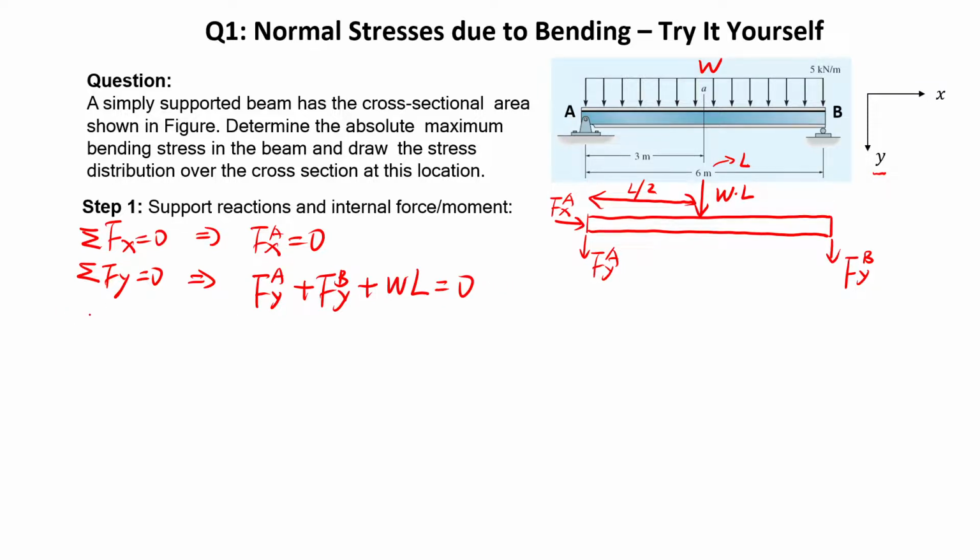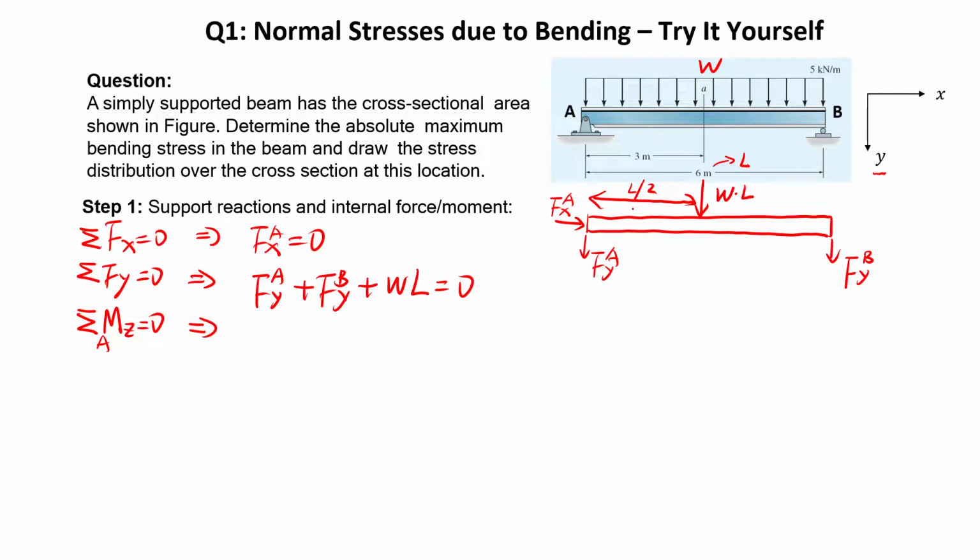So this will give us one equation. It is not able to solve Fya and Fyb. There are two unknowns. So let's calculate another moment balance. At point A, we calculate the moment against the z-axis, the out-of-plane axis. We can work it out.